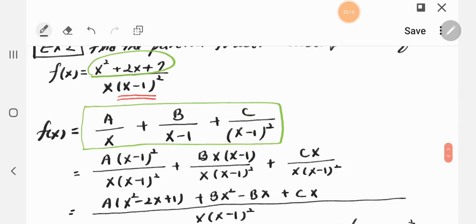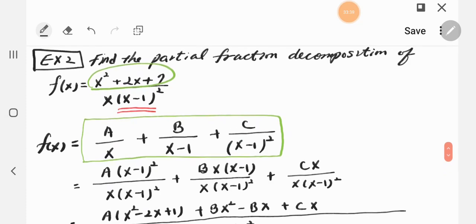And then the numerator is always 1 degree less than the denominator. The factor of the denominator is all linear. Okay, x minus 1 is linear. So the numerator is a constant.